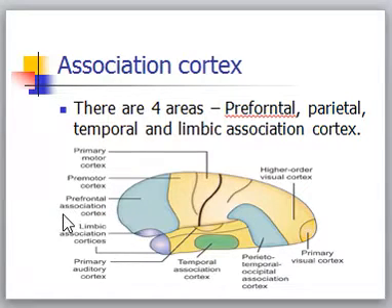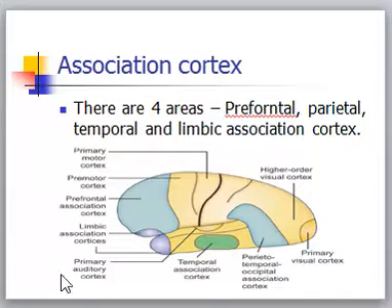This is the prefrontal association cortex, this is the parieto-temporal occipital association cortex, this is the temporal association cortex, and this is the limbic association cortex. The prefrontal association cortex consists of the rostral part of the cerebral hemisphere in front of the premotor area. So it is located very close to the premotor area.